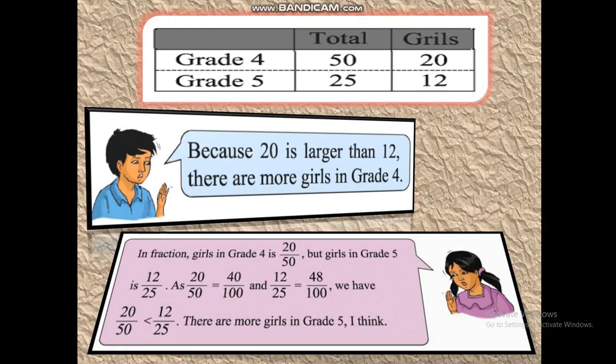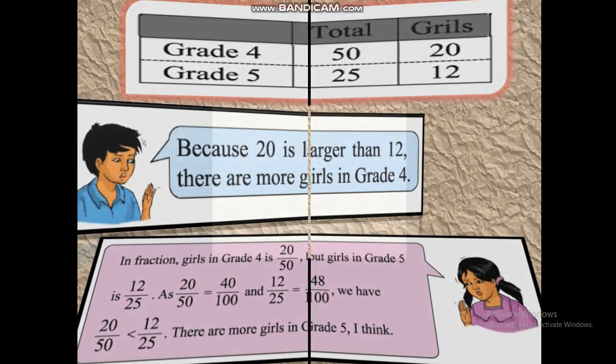I ask you, who is correct? Raju said that there are more girls in grade 4 and Meena said there are more girls in grade 5. Who is correct? Now we can calculate by the following method.